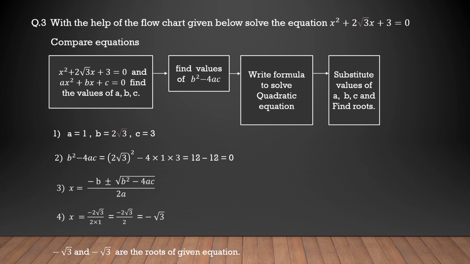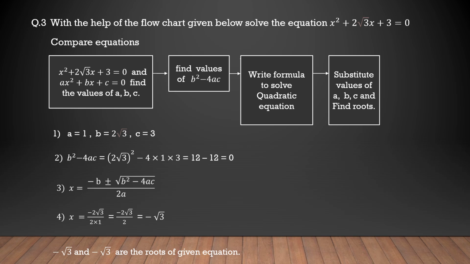So here x is equal to b is 2 root 3 and minus b means minus 2 root 3. Value of b square minus 4ac is 0. So root of 0 is also 0.